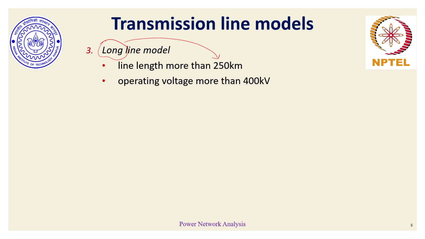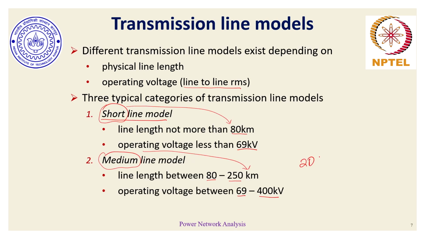So for example, if there is a line which is, let's say, 200 kilometers, and the operating voltage is at 765 kV, then if you look at the numbers or definitions of the medium line model, the distance very well qualifies it to be called a medium line model, but the operating voltage doesn't qualify it to be a medium line model.